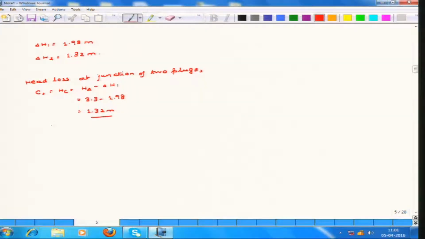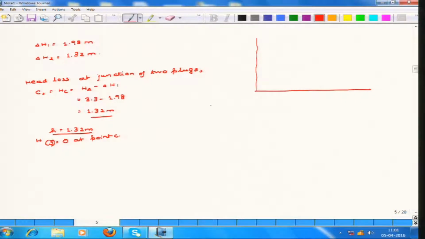So, basically now we have the head loss at the point C as just 1.32 meter, because it is just above the datum, and so basically the elevation head is equivalent to 0 at the point C. So, now let us find out how the pressure distribution diagram looks like.